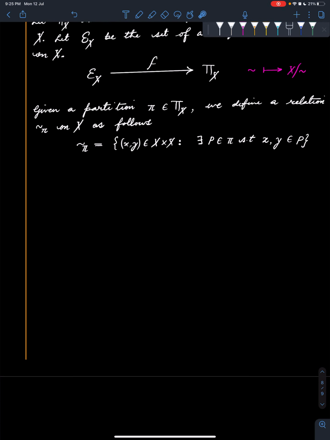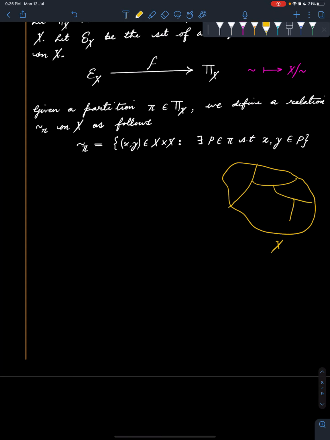So what are we doing? We have been given a partition. Okay, let me use a different color. This is our X. We have been given a partition. I can only draw a finite partition. And what are we doing? Whenever we pick two elements from X, let's say we pick these two elements and we notice that they are in a single part, then we say that they are related.